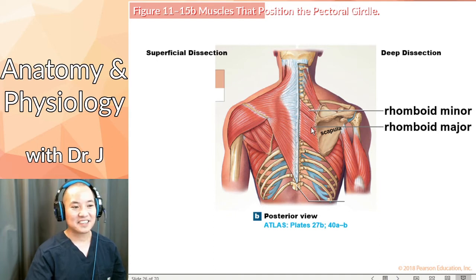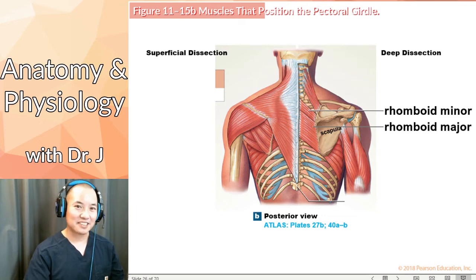A rhombus, again, this is all the way back to ninth grade geometry, has four sides, and all the sides should be equal in length. It's not quite, again, it's another approximation. The deltoid isn't a strict triangle. The trapezius is not a strict trapezoid. Same with the rhomboid. It is a four-sided figure.